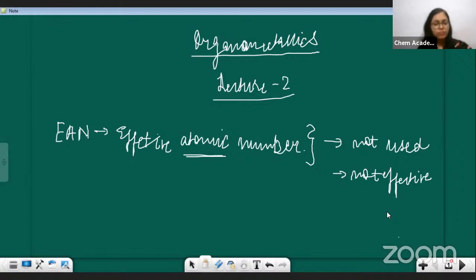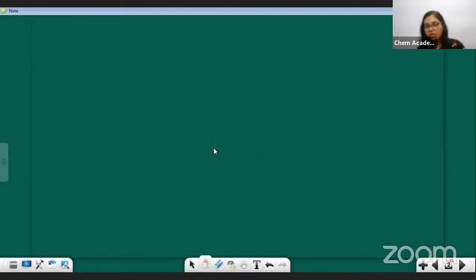So right now I told you why we do not use the effective atomic number. Then what do we use? What is more effective and a better way of identifying the stability of compounds is the 18 electron rule. Now, what exactly is the 18 electron rule and what do we do in this?